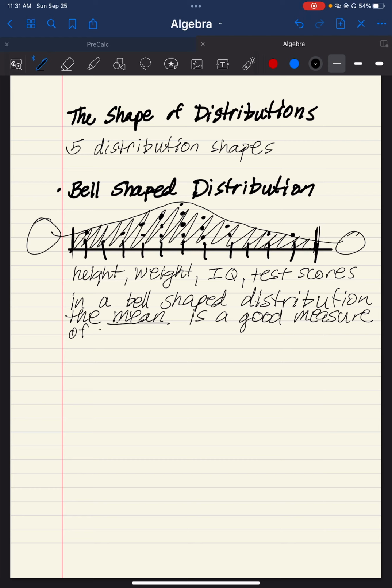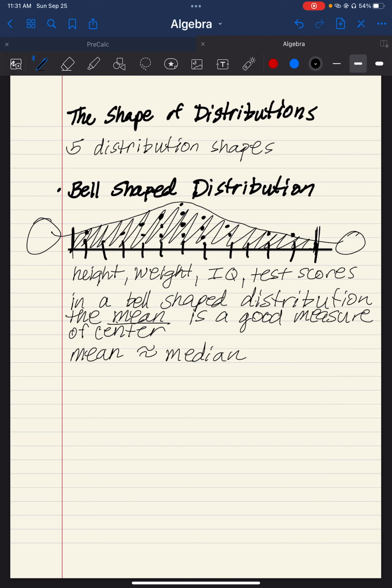The mean is a good measure of center. And the mean is usually approximately equal to the median when you're dealing with a bell shape. Why draw this squiggly equal sign? Because it doesn't have to be exactly equal, but they're close to each other. That doesn't always happen in other types of distributions. We don't always have the mean approximately equal to the median, right? But this is, I would say, the most common distribution that we end up dealing with in the real world.